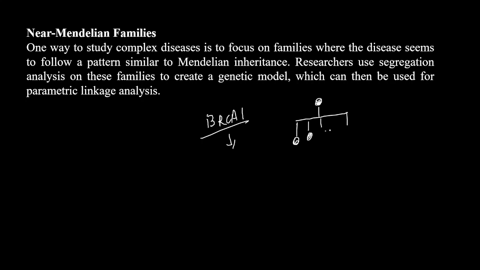But if that is not the case, it could be because of many reasons, like incomplete penetrance, expressivity, environmental factors, modifier genes. These are not following the Mendelian patterns, and therefore they are known as near Mendelian families, and that is why these families are more important in studying complex diseases.